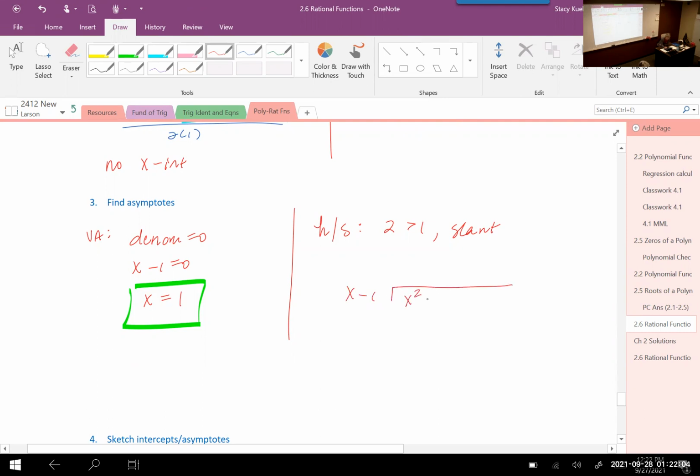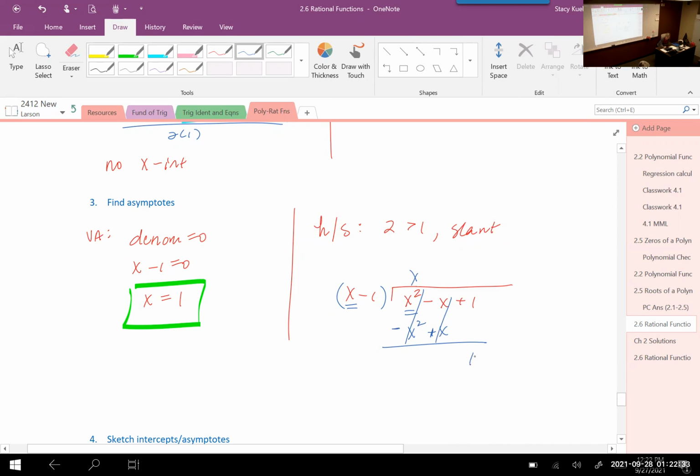X squared minus x plus 1. So what do I multiply x by to get x squared? X. So x times x is x squared minus x. So change your signs.